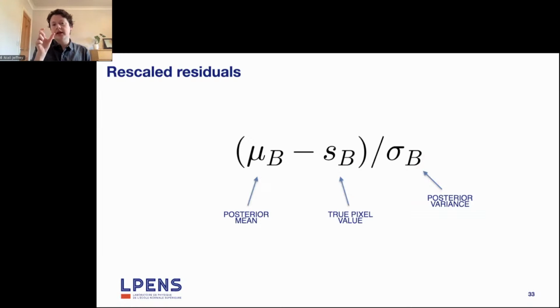If our moment network is doing the right thing, and if our foregrounds synthesized by wavelet phase harmonics are realistic and representing the simulation sufficiently well, then these residuals will have mean 0 and standard deviation of 1, if all of those steps are working correctly.